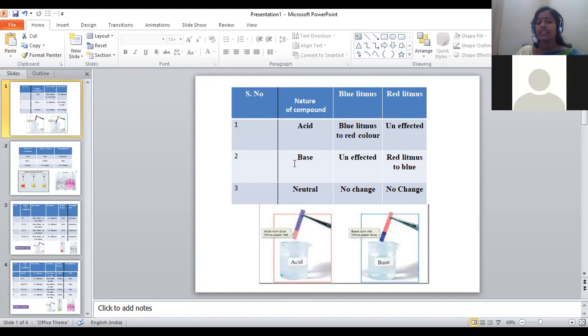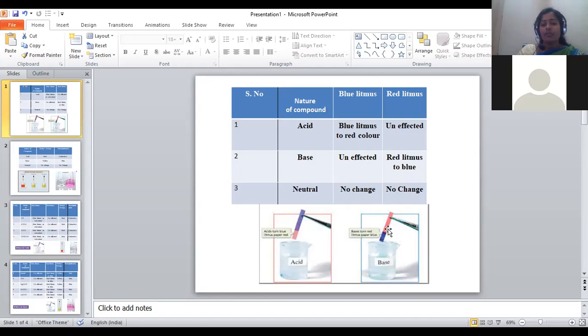And next is about basic solution. In another beaker that is filled with basic solution, which litmus paper are we dipping now? Red litmus paper was taken and dipped into the basic solution. Red litmus is converted into blue color when dipped into a base, right?